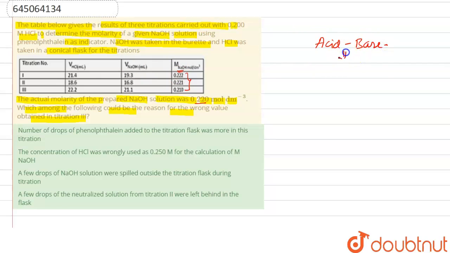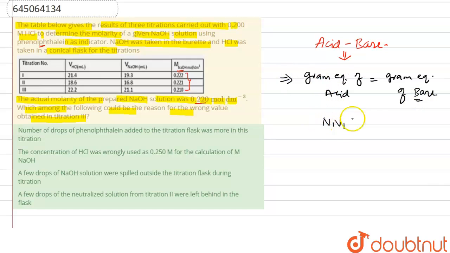In acid-base titration we are using phenolphthalein as an indicator. Here we are applying the basic concept that at the neutralization point, the gram equivalents of acid will be equal to the gram equivalents of base, meaning both are equal at the equivalence point. So N1V1 will be equal to N2V2, and since normality equals n factor into molarity, if the n factor is 1, then the formula becomes M1V1 equals M2V2.